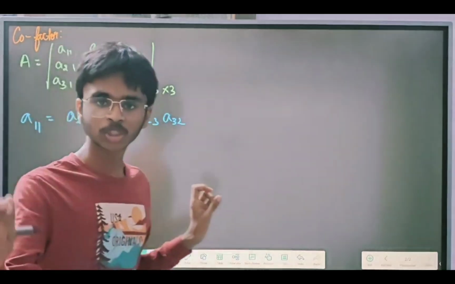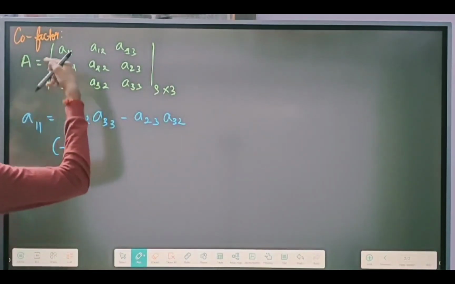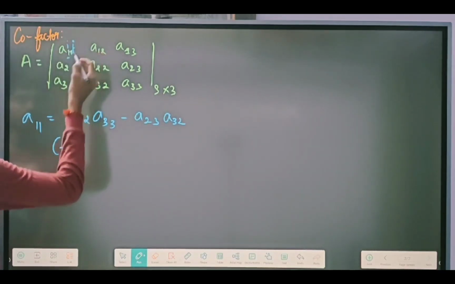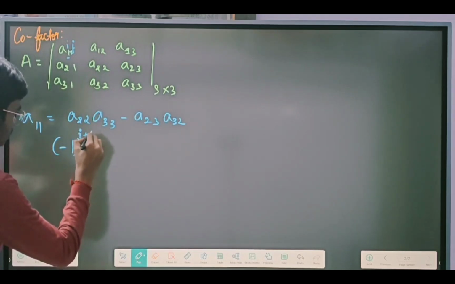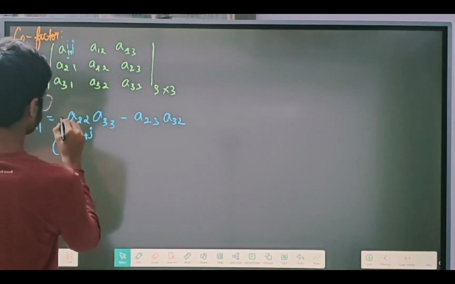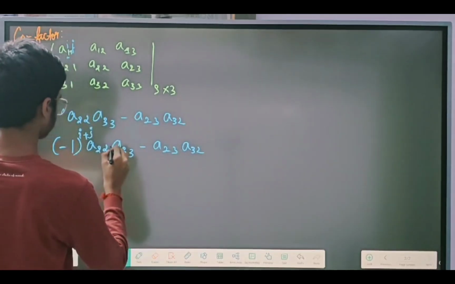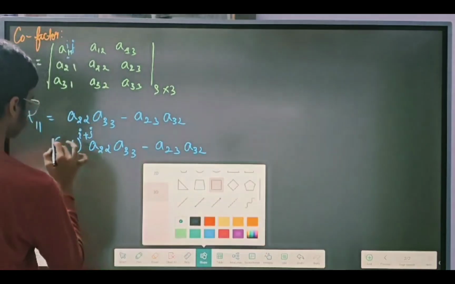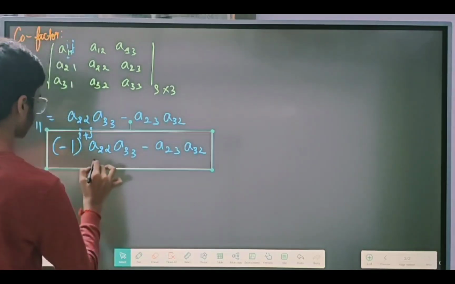For a cofactor, what you are going to do is multiply it with -1 to the power of i plus j. See, this is the i value, this is the j value. So -1 to the power of the i value plus the j value, and you multiply this with the minor.